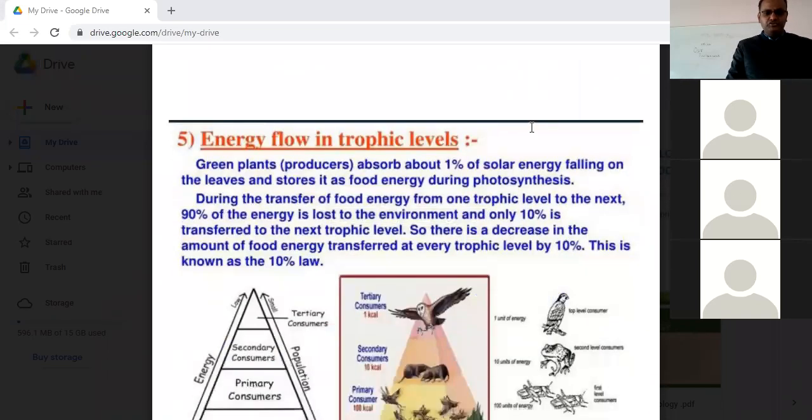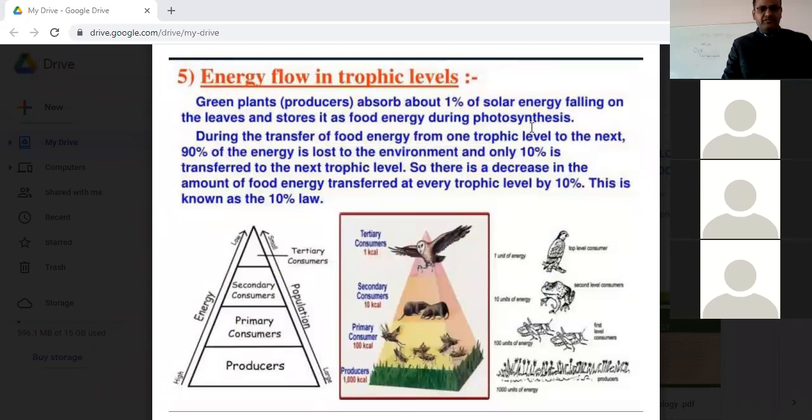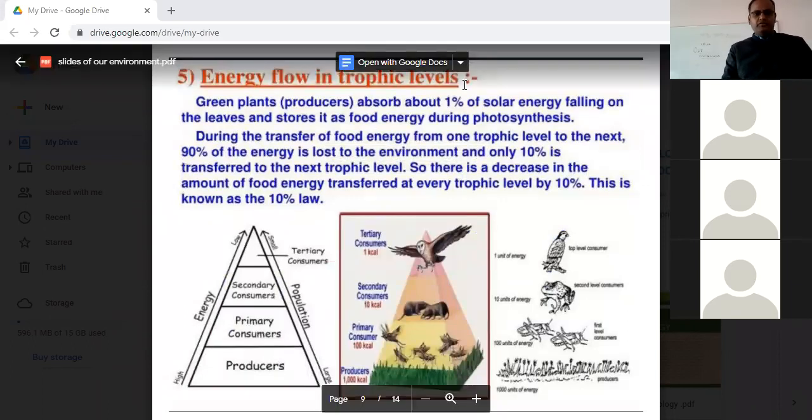Okay, let me come to the example. I'm re-explaining the energy flow in an ecosystem. Let us consider this very example. Here, we have the producers, the primary consumer, the secondary consumer, and the tertiary consumer.